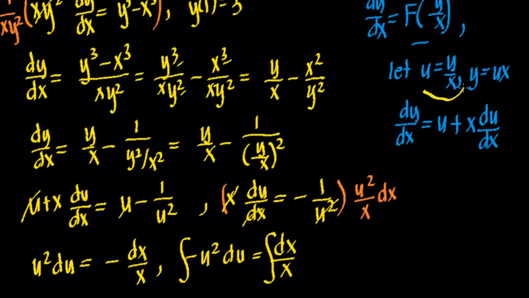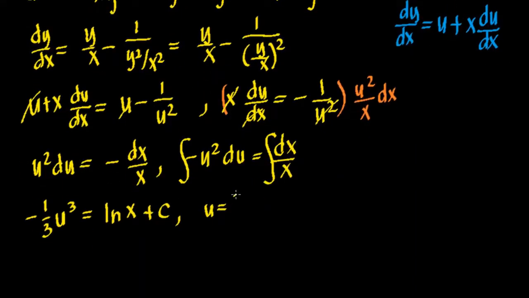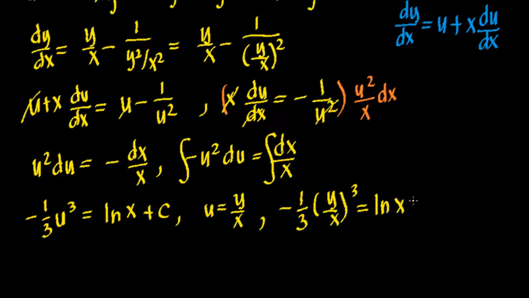Now our u is just equal to y over x, so we'll plug that in here so that our solution is in terms of y and x. So we have negative 1/3 times y over x raised to cube is equal to ln of x plus a constant c.